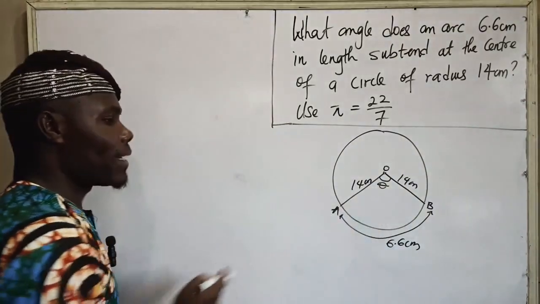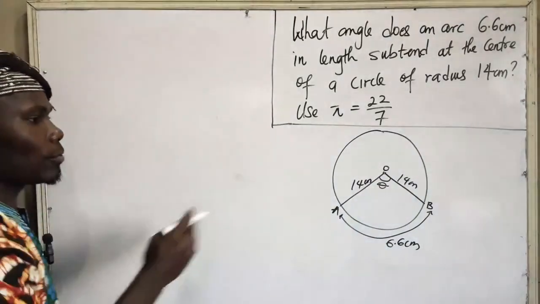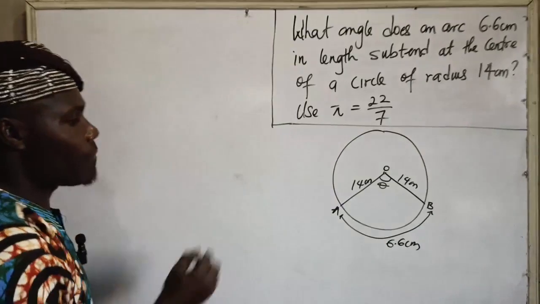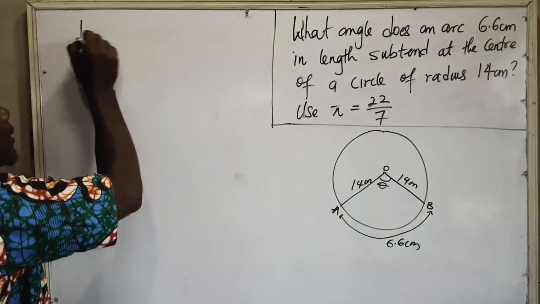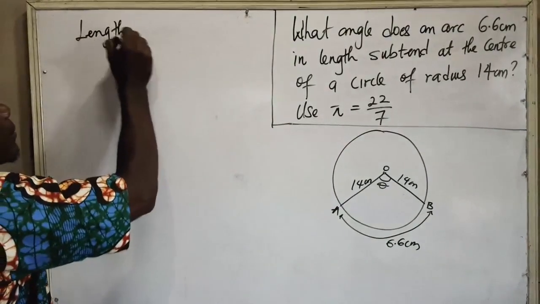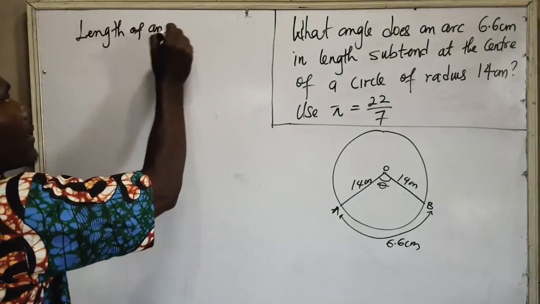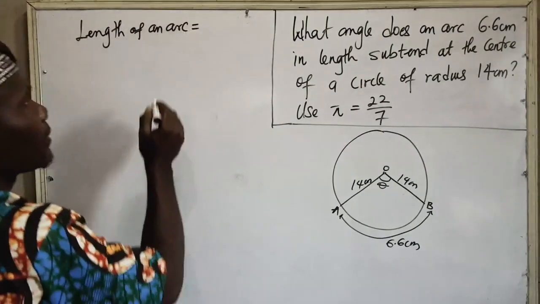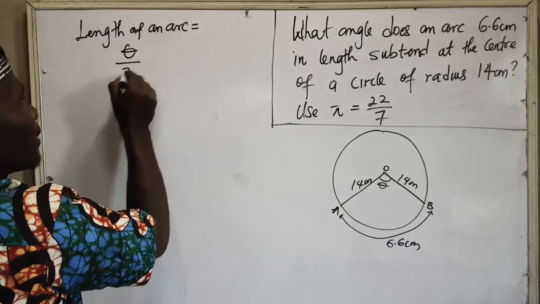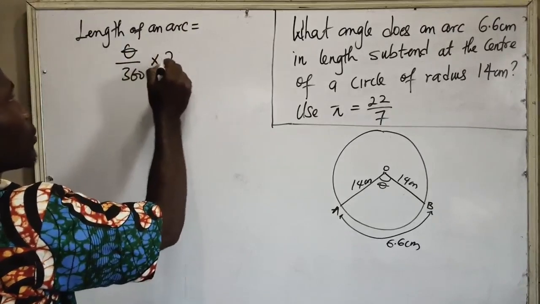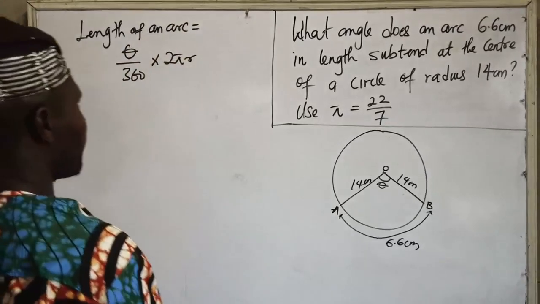Now, in finding the value of the angle, let's write out the formula for the length of an arc. The length of an arc is theta over 360 times 2 pi r.